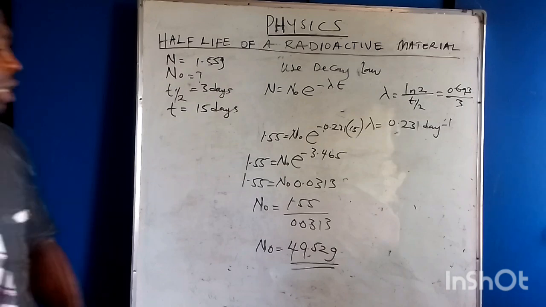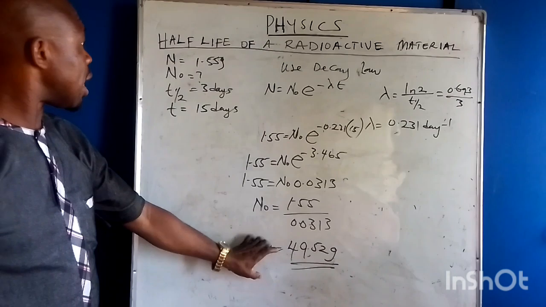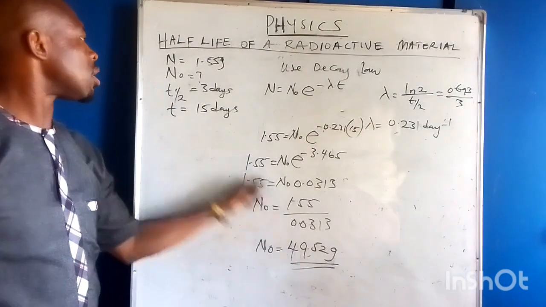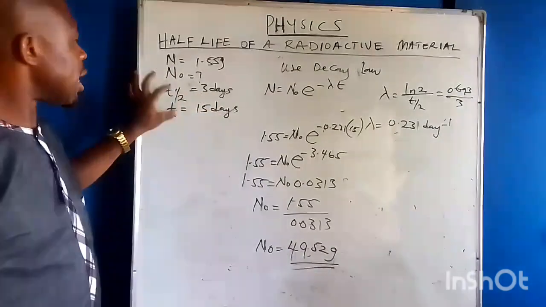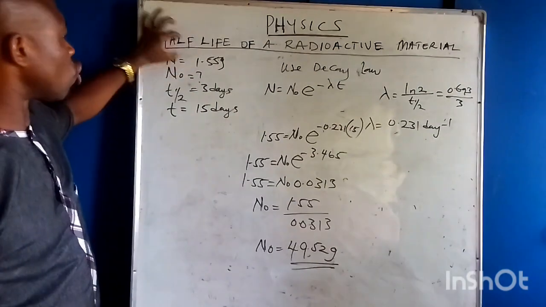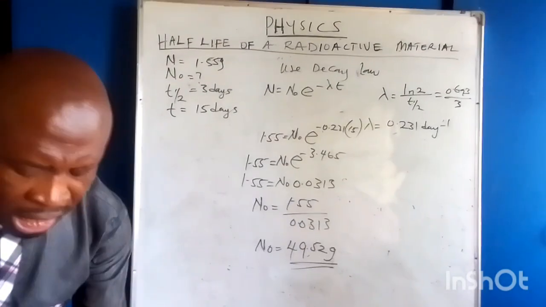So an element having this mass as an initial mass with this as the half-life, having decayed for 15 days, the fraction remaining is this.